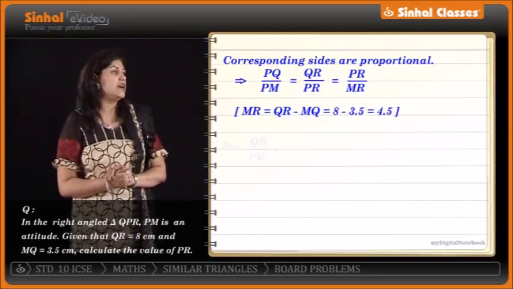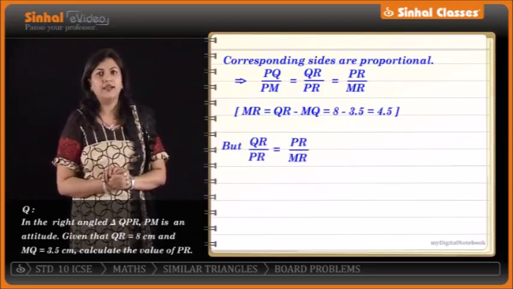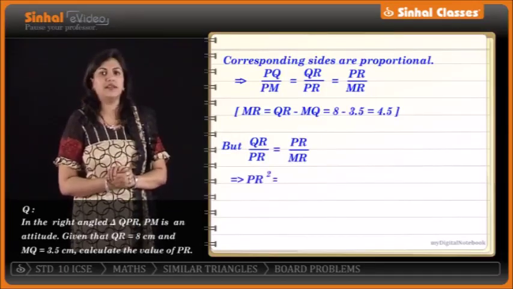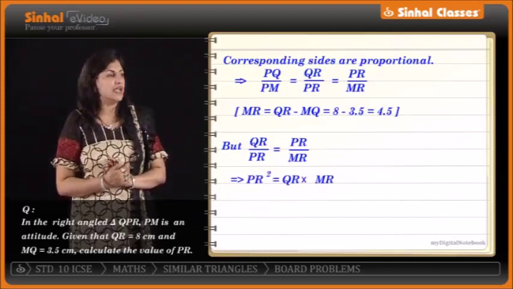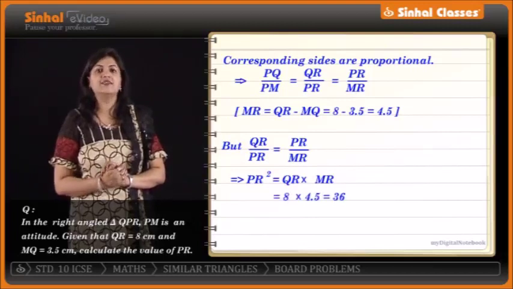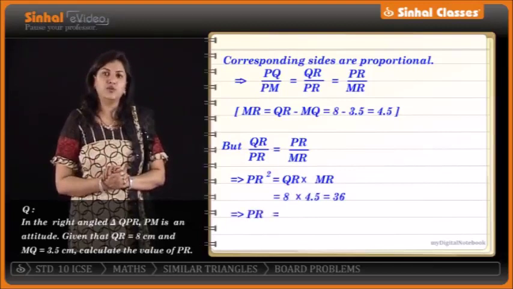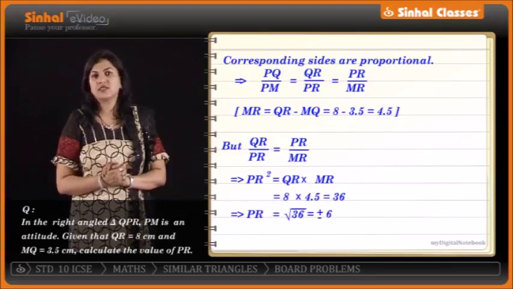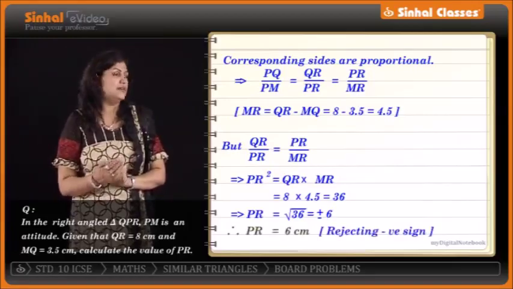Now we take QR upon PR is equal to PR upon MR, that is PR square is equal to QR into MR. Substitute the values of QR and MR. We get 8 into 4.5, that is 36. So PR square is 36, that is PR is equal to root of 36, which is plus or minus 6. But PR cannot be negative, so PR is equal to 6 centimeter.